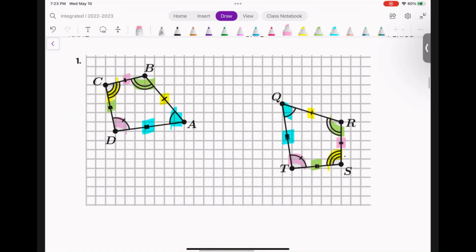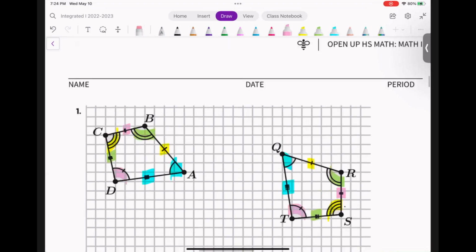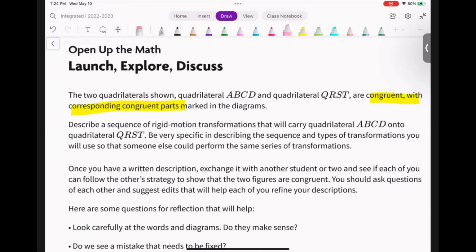So, things that I want you to think about as you're writing your sequence of steps is this: I usually just pick a point, like, take A, for example. Where does A have to go onto? Because of the way they listed it up here, quadrilateral ABCD goes onto QRST, they're giving you that order for a reason. So that means A has to map onto Q, B has to go onto R, kind of thing.